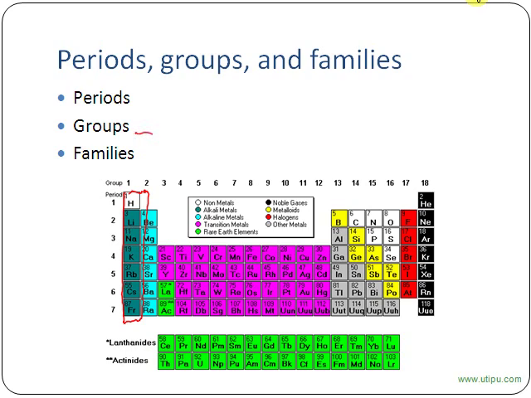Now, groups are sort of defined by what number they have. So group number 1 is what that is. But a family will typically have another name. It'll have a name that actually describes what the elements are like. These are listed in the box that's in the middle right up here. So in this case, group 1, that particular family is called the alkali metals.